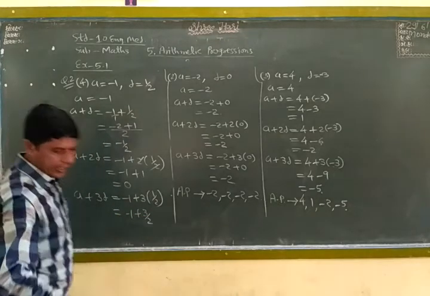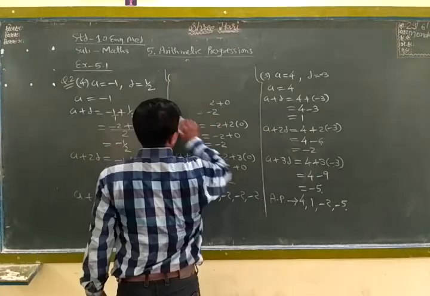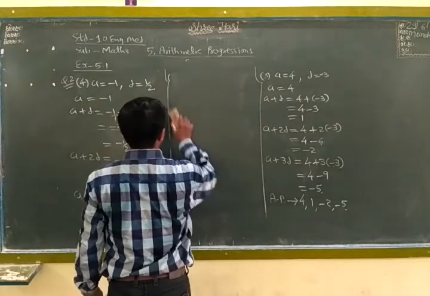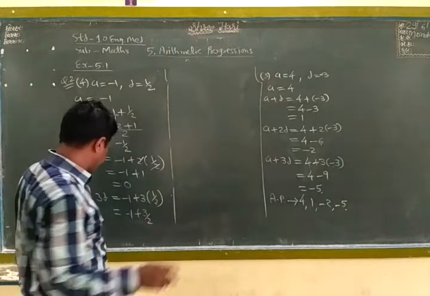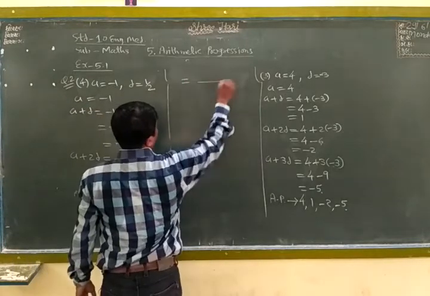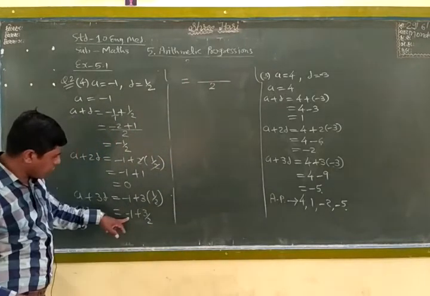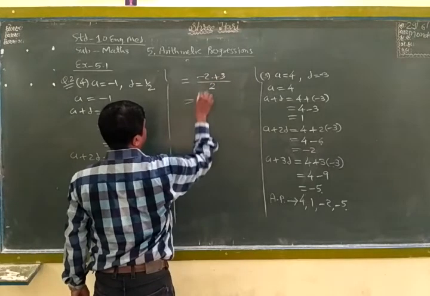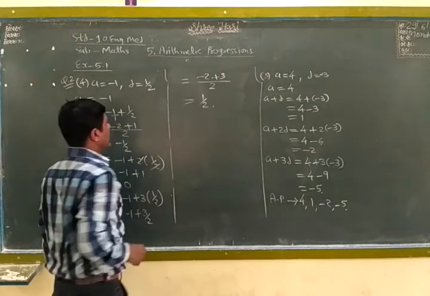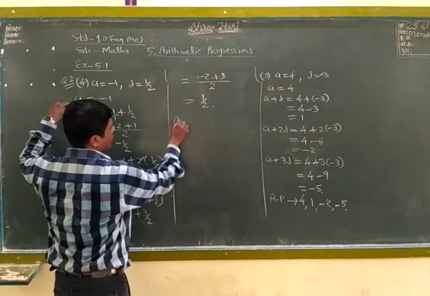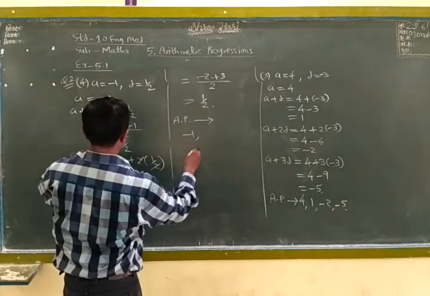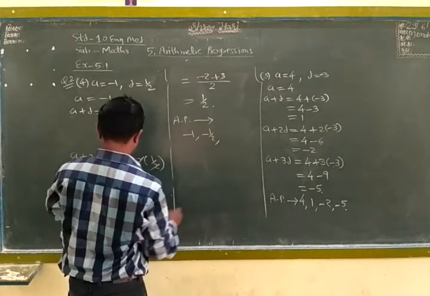Taking the LCM, 2 is the LCM, cross multiply, 2 times 1 is 2, minus 2 plus 3, 3 minus 1, so 1 by 2. Now the answer, the four terms of the arithmetic progression are minus 1, minus 1 by 2, 0 and 1 by 2.